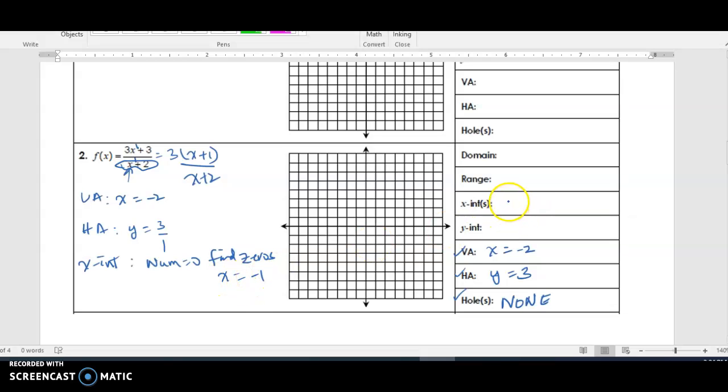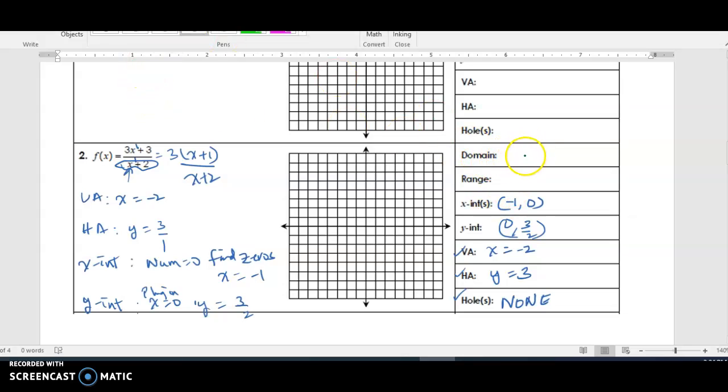That's the x-intercept, so -1, 0 is the x-intercept. How do you find the y-intercept? It's the same thing for any function: if you substitute x equal to 0, plug in x as 0 in the original function, then the y value will become 3/2, isn't it? So that becomes the y-intercept. This is 0, 1.5 or 3/2.